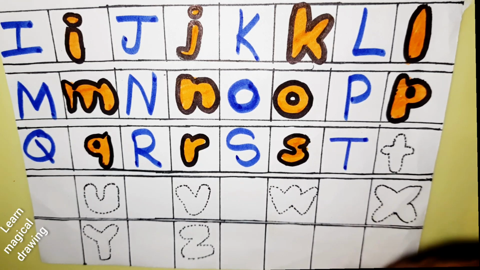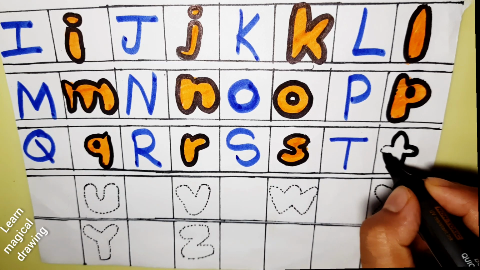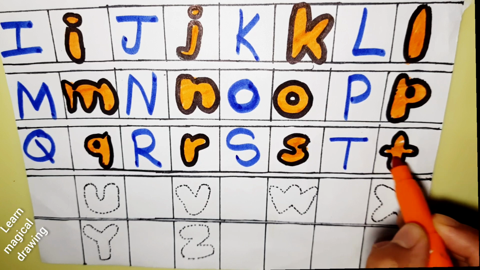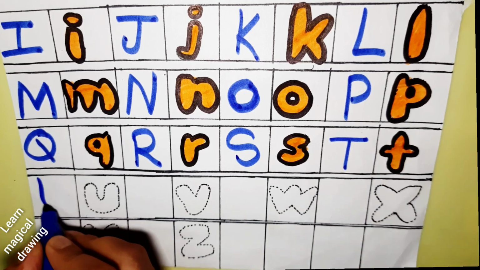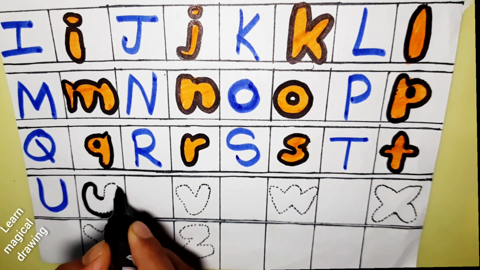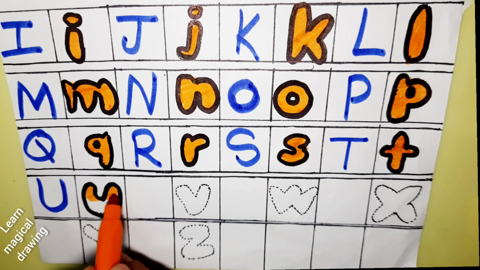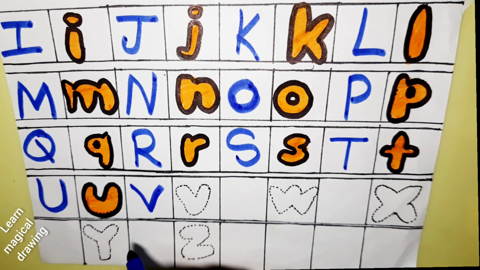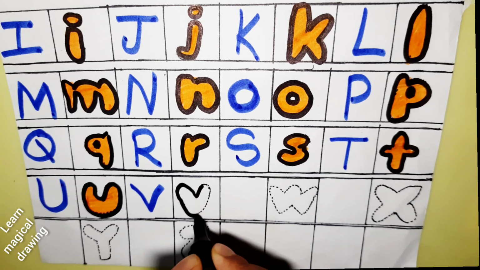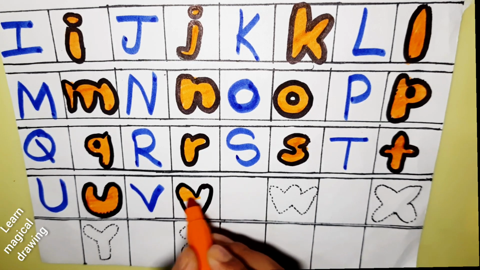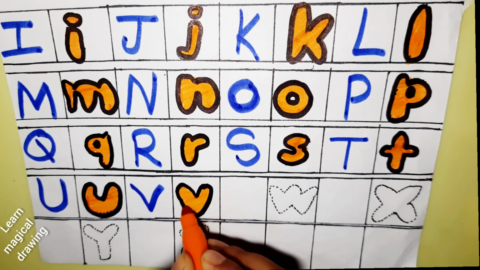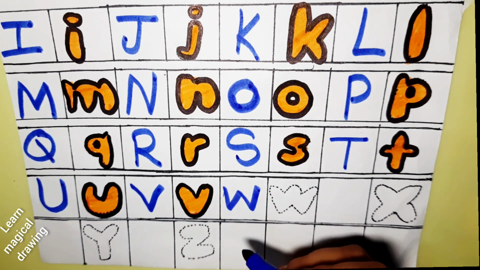T for tiger. T. U for umbrella. U. V for vegetable. V. W for watermelon.